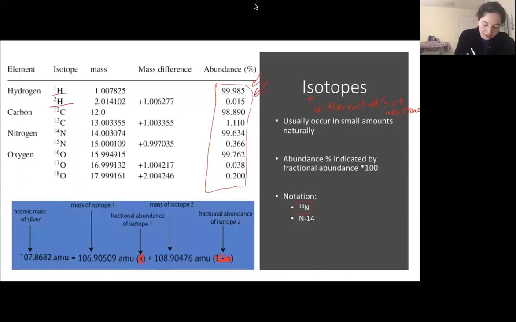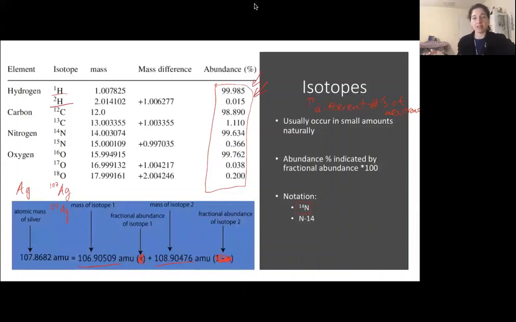Silver is not on here. Silver on the periodic table is the symbol Ag. So you would see this as Ag. It has an isotope of 107, and it has an isotope of 109, right? Silver. These masses are indicated here, 106.9 and 108.9 indicate the masses.